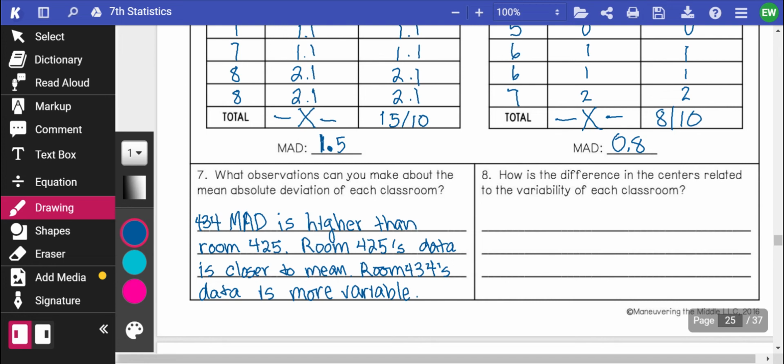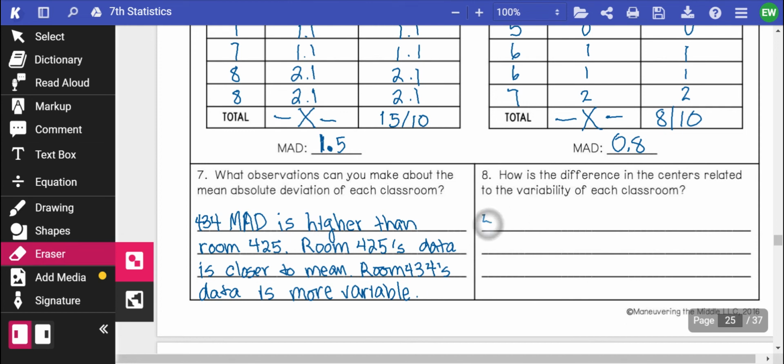So how is the difference in the centers related to the variability of each classroom? So we already said that room 434's data is more variable, okay? So 434 has a difference.